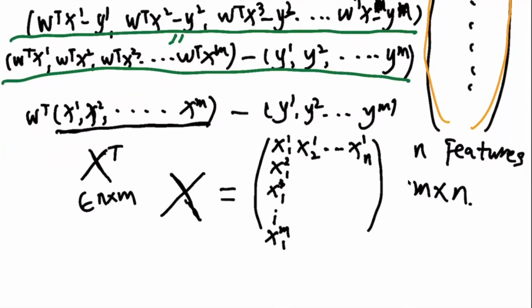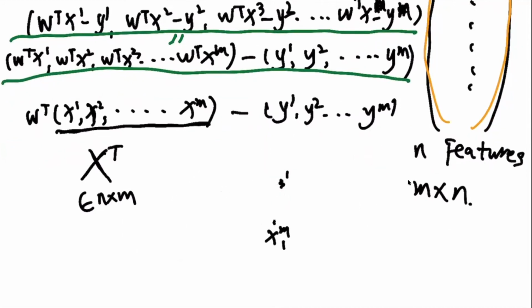It's quite a useful notation. You will always see this. I should specify this firstly: we have n features and m data points here.